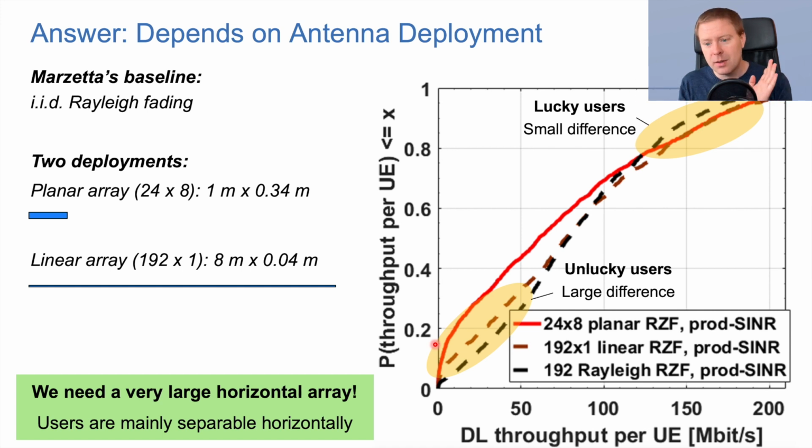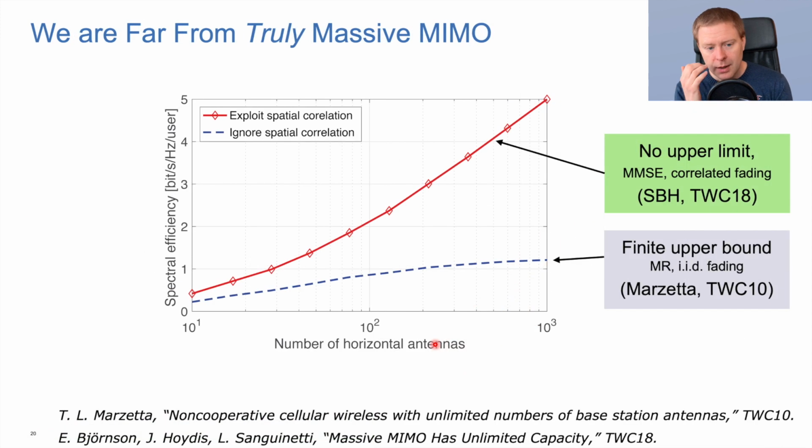And even if users can be moving up and down, there is much less variability there. So we need large horizontal arrays to actually get performance everywhere in your area that is resembling what we have been calling massive MIMO in the past. So I would say we are far from truly massive MIMO systems.